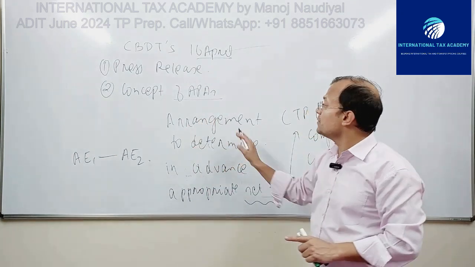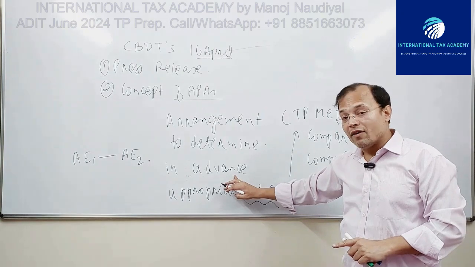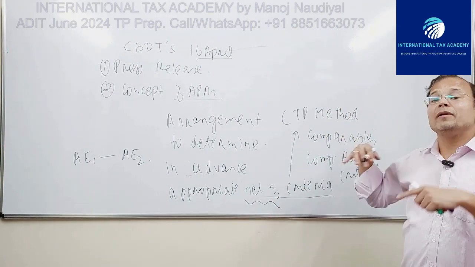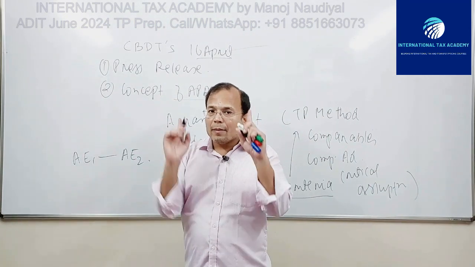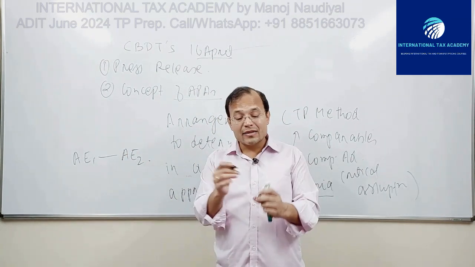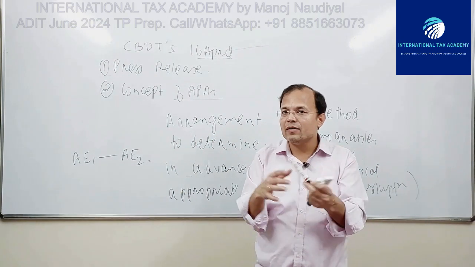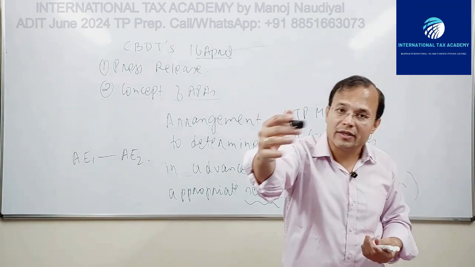So advanced pricing arrangement is an arrangement to determine in advance of a control transaction an appropriate set of criteria that will be used to determine the transfer prices for this control transaction. APAs are requested by the taxpayers, that is M&Es, and negotiations are held between one or more AEs, M&Es, and one or more tax authorities.